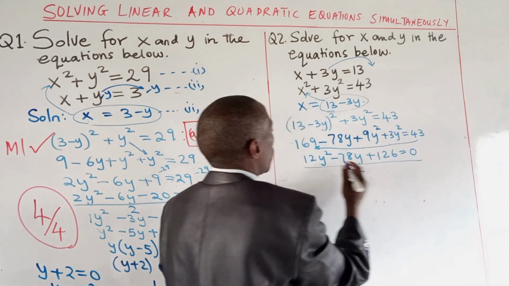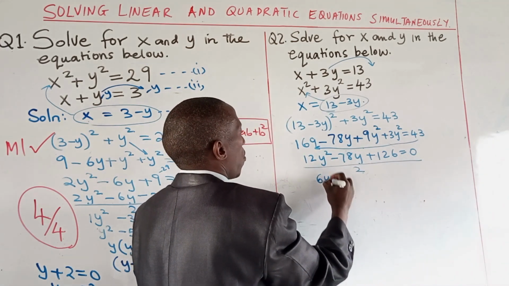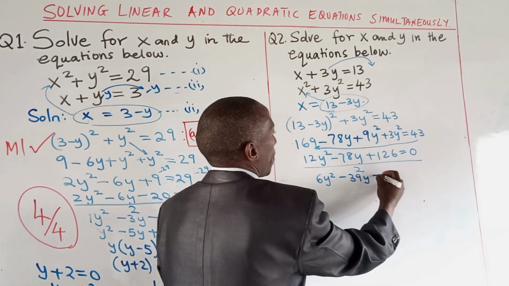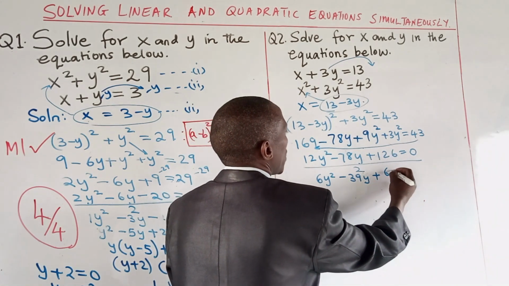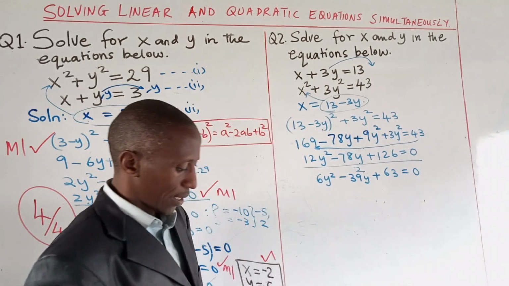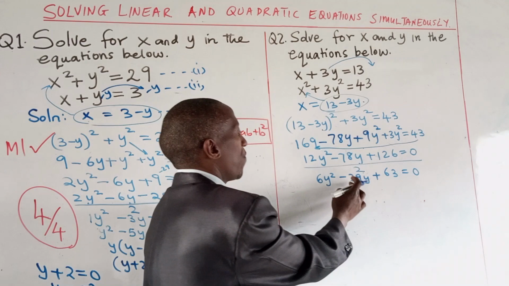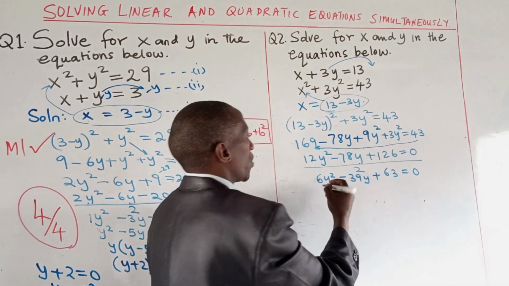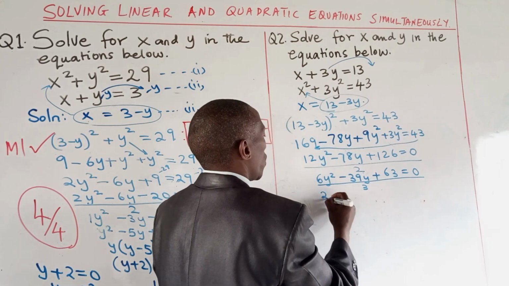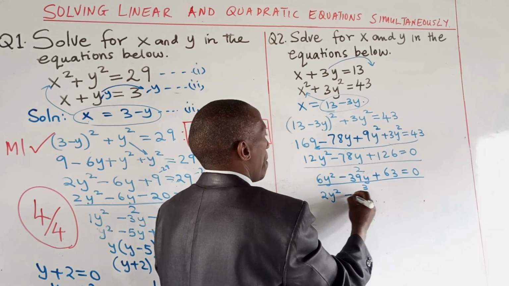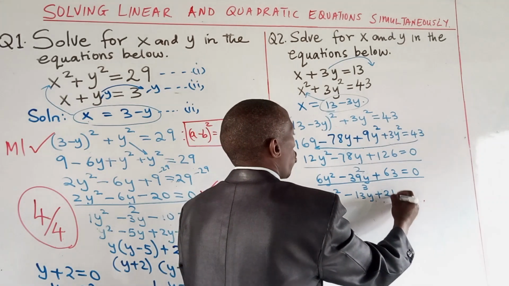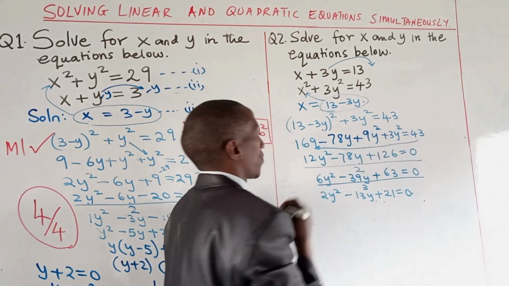We divide throughout by 2, and this gives us 6y squared minus 39y plus, divided by 2, we get 63 is equal to 0. So looking at that, there is a common factor 3 across all of them. So we can divide throughout once more by 3, and that gives us 2y squared minus 13y plus 21 is equal to 0.